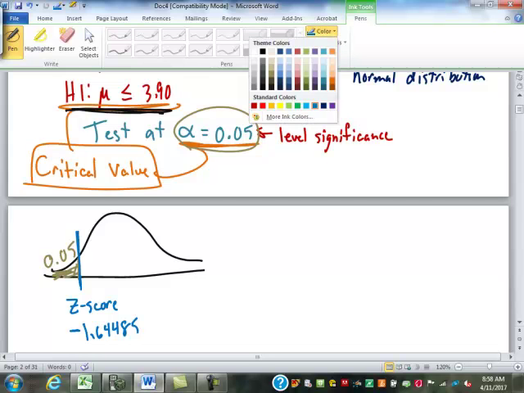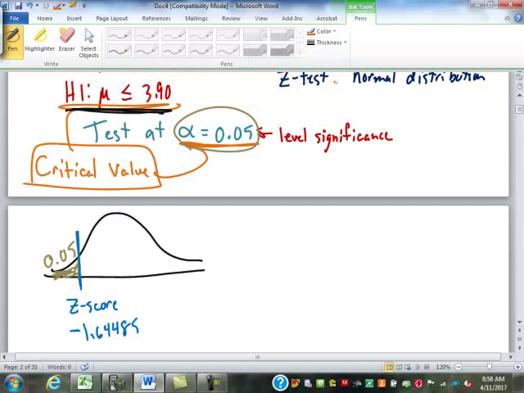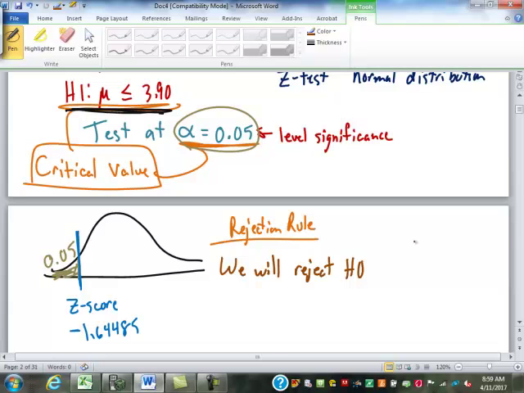So what that's telling us is our rejection rule. The book doesn't necessarily use that term, but it tells us to reject: we will reject the null hypothesis, H0, if the test statistic, Z, is less than negative 1.645. We're going to round it.